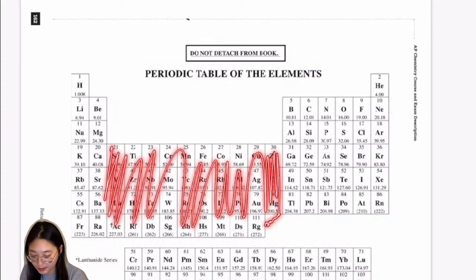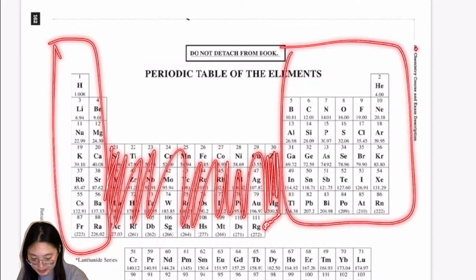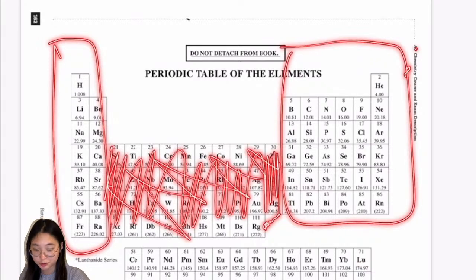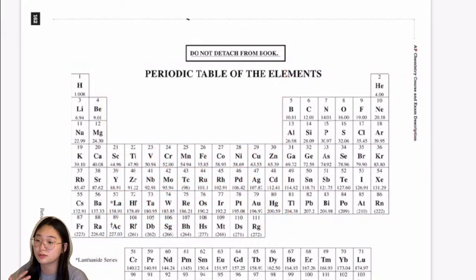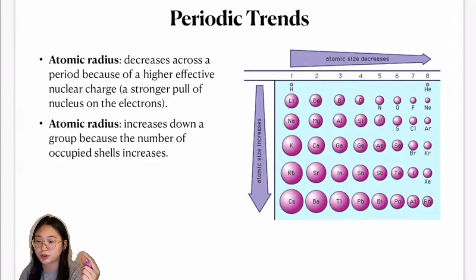Usually we're talking about the left 2 columns and the right 6 columns, because transition metals do not quite fit this trend. We call the row a period, and the column a group.